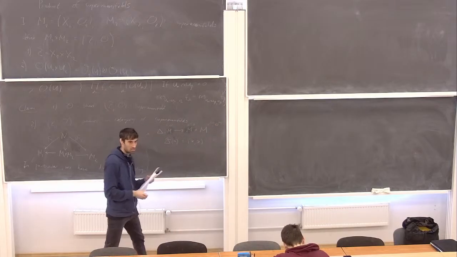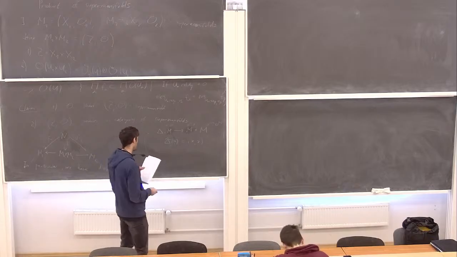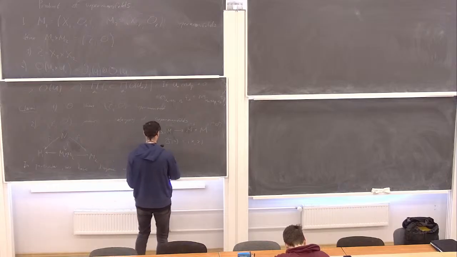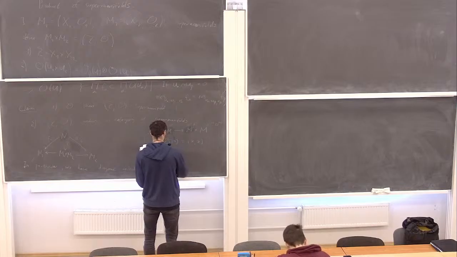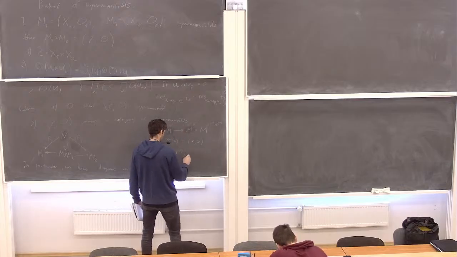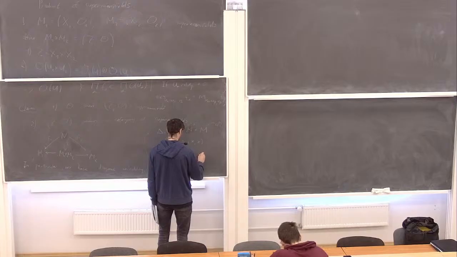So these are the same copies of the same coordinates, and then Δ star of x, either 1 or 2, is just x.